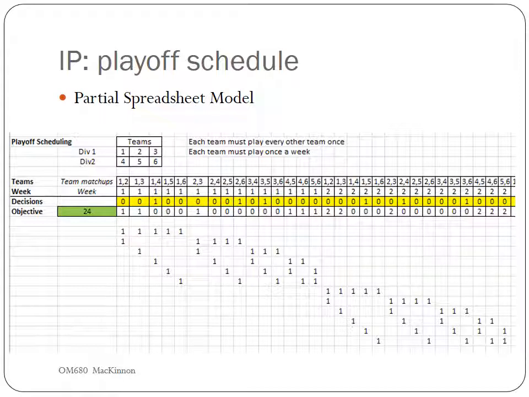So those are constraints, and we want to maximize the number of intra-division games played later on in the schedule. Go to the chapter spreadsheet to see the full model.